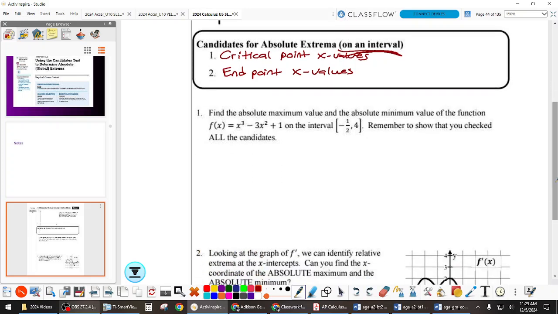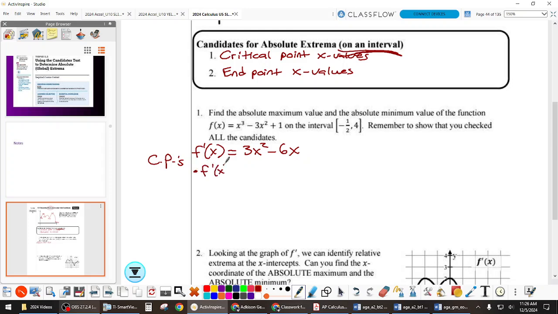Yay, an easy derivative. All right, so f prime is what? Yep. Okay, so first we need to find our critical points. Let's just call them CPs. Does f prime of x ever not exist?